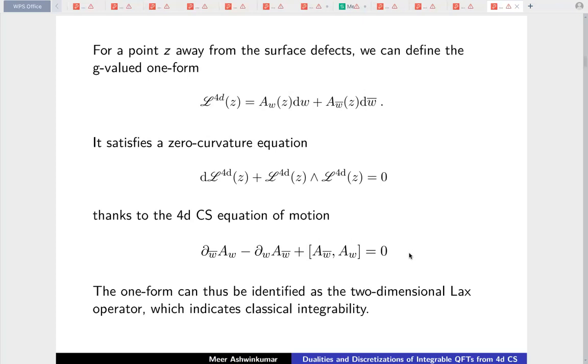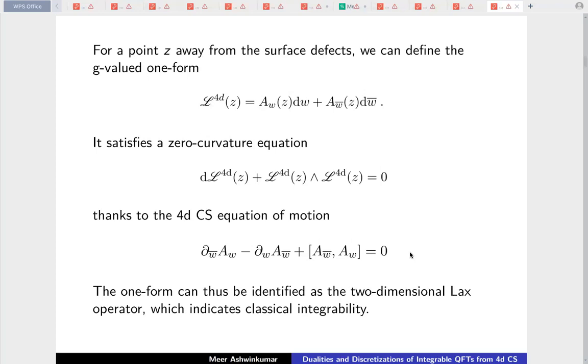So the integrability of the field theories is really built into 4D Chern-Simons theory. And the advantage of using 4D Chern-Simons theory is that you do not need to guess the form of your Lax connection. It is really the classical solution to your equation of motion for the gauge field. And your Lax connection can be identified with the gauge field.